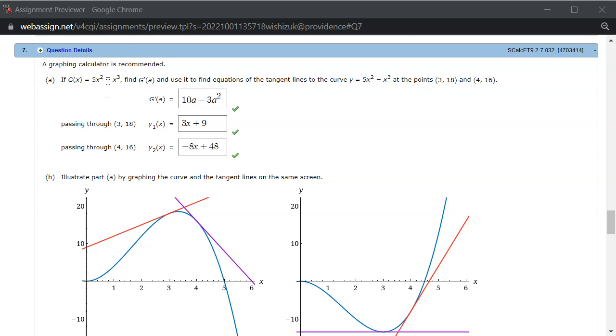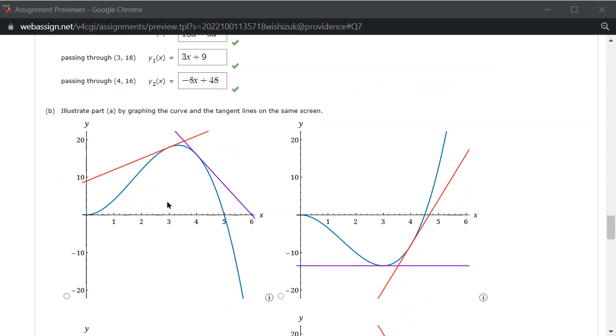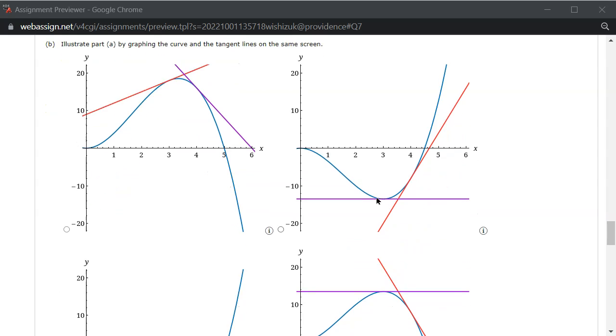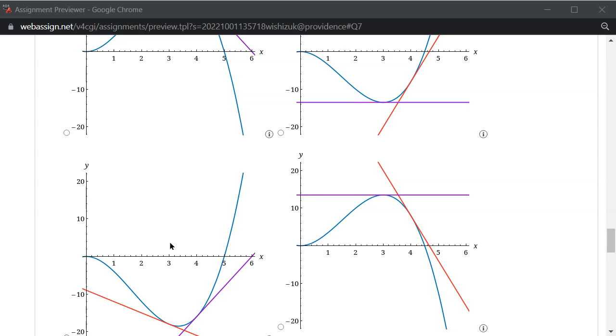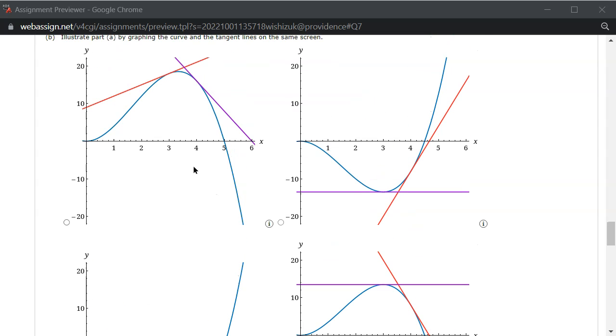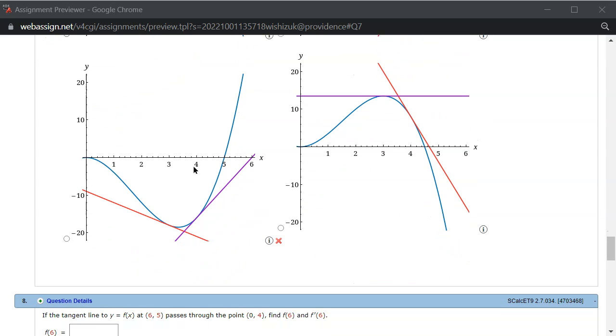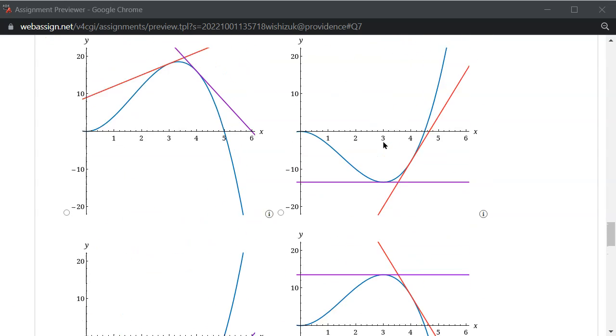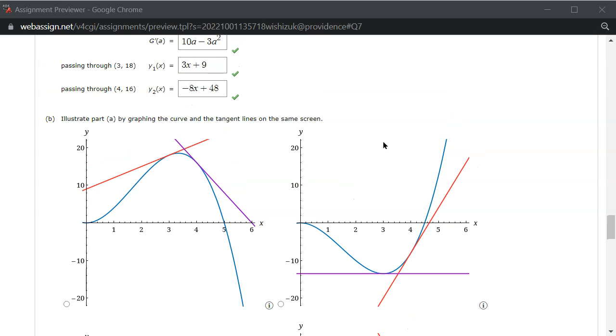And since the leading coefficient is negative 1, as you go to the right, it should keep on going down, right? So it looks like the first one is reasonable, and the second one is definitely not it, and the third one is not it either. The fourth one, so it's going to be between the first one and the fourth one. Let's look at the tangent line.